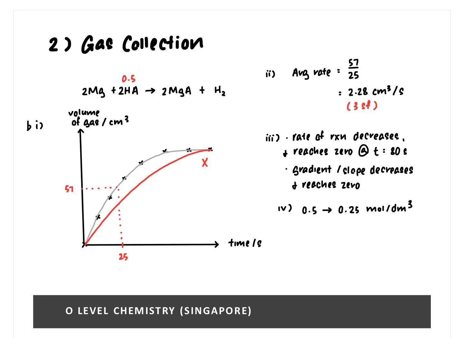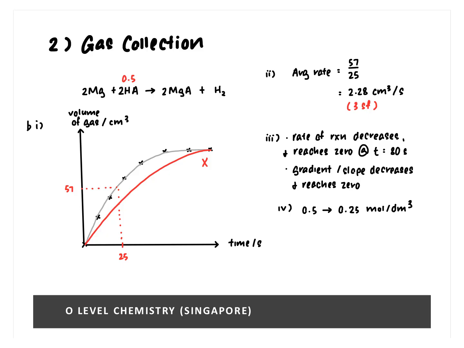Part 4, students were required to draw another curve in a scenario where the concentration of the acid was reduced from 0.5 to 0.25. So the concentration of acid was decreased. I think this is a heavily practiced theory question, but unfortunately I've gotten reports from students where they have missed out this question totally.